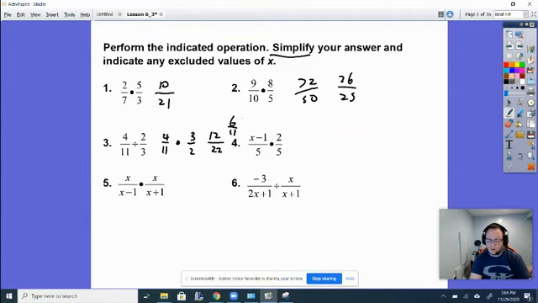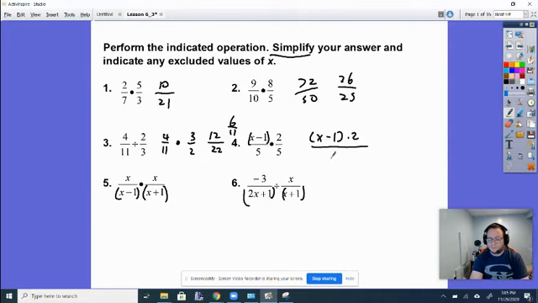Now for variables, same rules. Multiplication, we just multiply across. I do need to be careful that I keep the whole numerator or whole denominator together. So the best way to do this is, anytime you see more than one thing, go ahead and put parentheses on all of them. It's going to save you a lot of headache later.